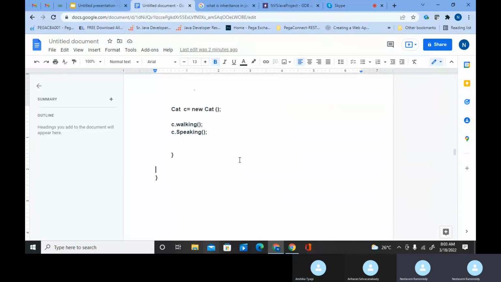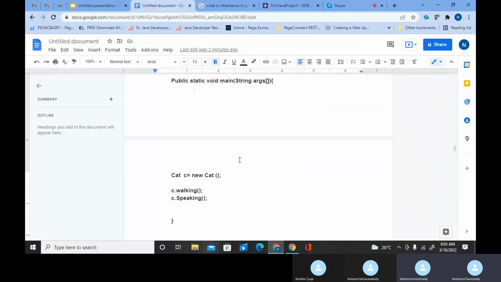So what is pending for us in the OOPS concept? Encapsulation, right? Next class we are going to discuss encapsulation, and we'll see some examples. After that we'll go for the collection framework.